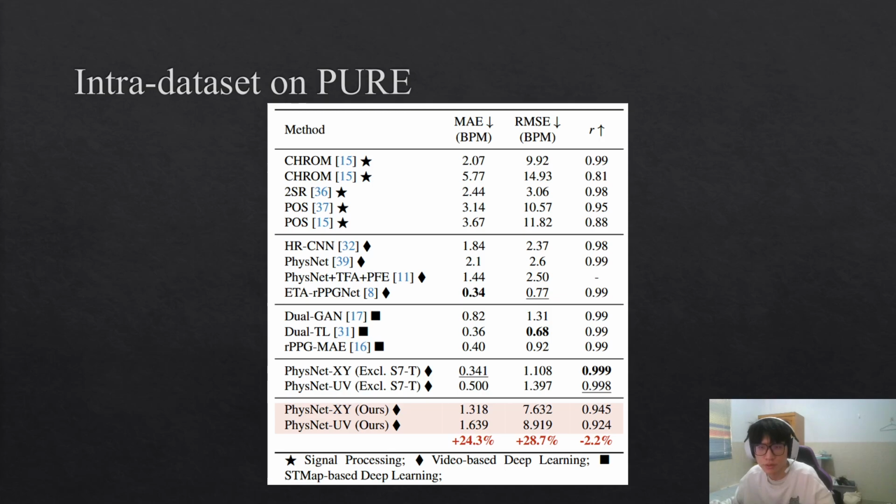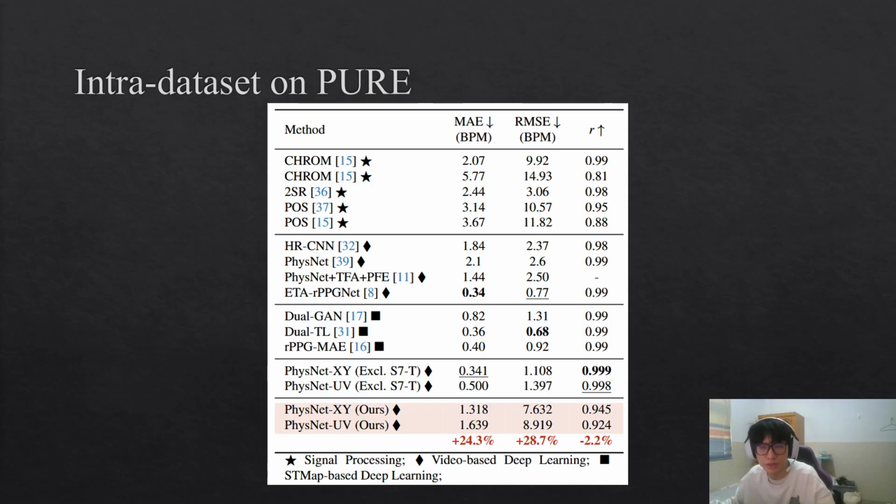Deep learning approaches demonstrate improved performance, with ETA-rPPGNet achieving a particularly impressive MAE of 0.34 bpm. The proposed methods VCNet XY and VCNet UV show strong performance, excluding subject 7. The MAE values are 0.341 and 0.5 bpm, respectively.